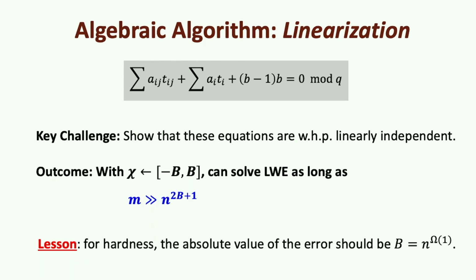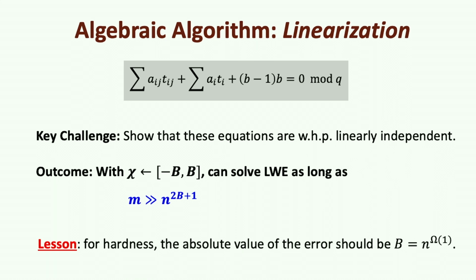So the lesson here is that if you want hardness, as I do, you shouldn't set the absolute value of the error to be too small and give away too many equations. That's a disaster. So you have to do one of two things: limit the number of equations or increase the magnitude of the error. So this is one algorithm for LWE.